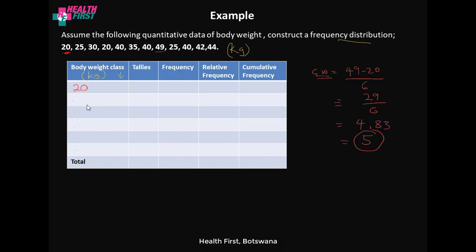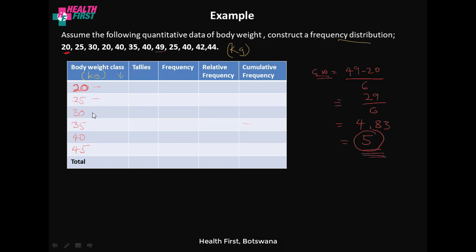Then we start listing the other lower class limits by adding the class width to the previous lower class limit to get the next one. So 20 plus 5 gives us 25, and then we would have 30, 35, 40, 45, right?